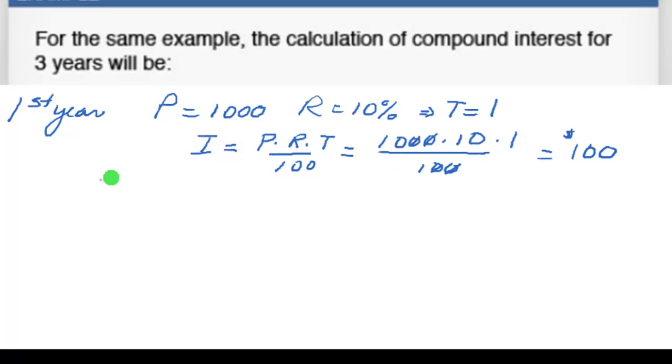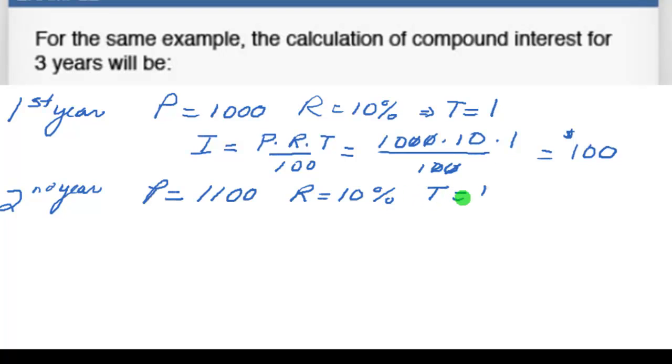So now what happens is for year number 2 in the bank, your principal is not just 1,000 anymore. Now you have $1,100. So your principal changes. It's now $1,100. Your rate is the same, and your time is still a year. So now let's calculate the interest at the end of year 2.